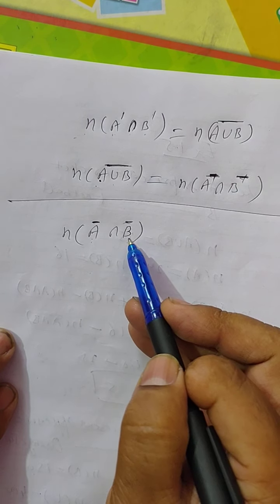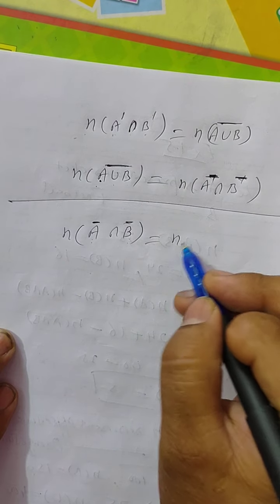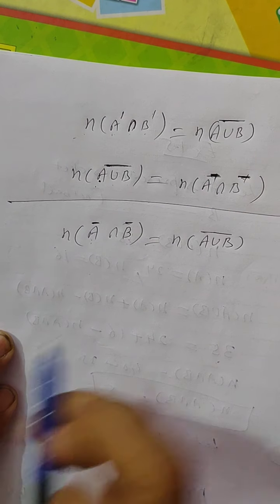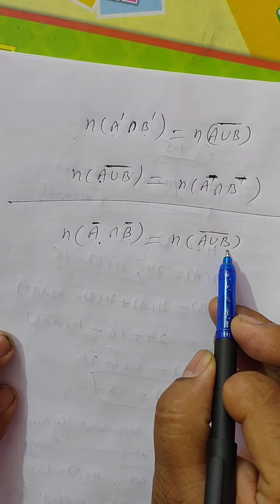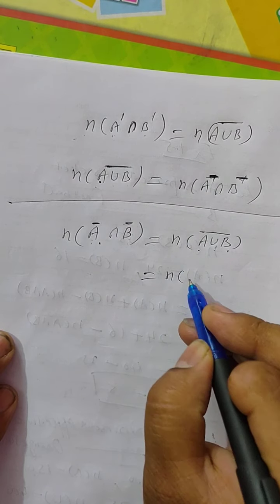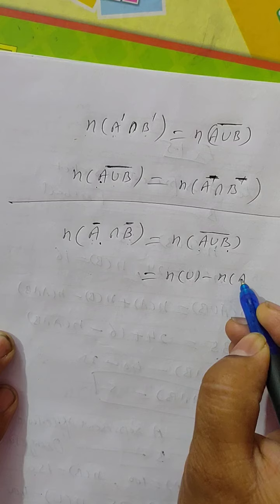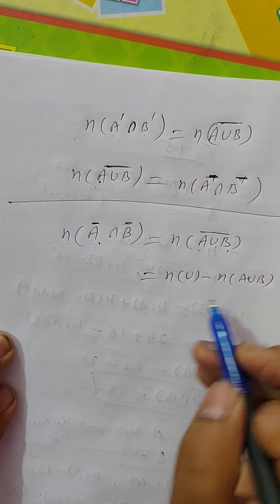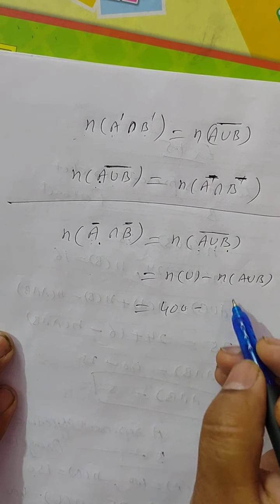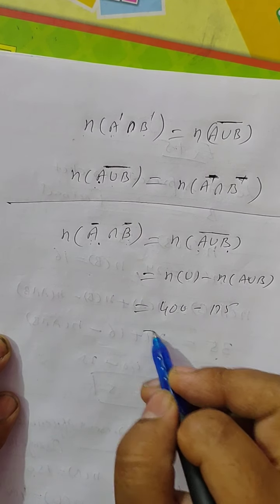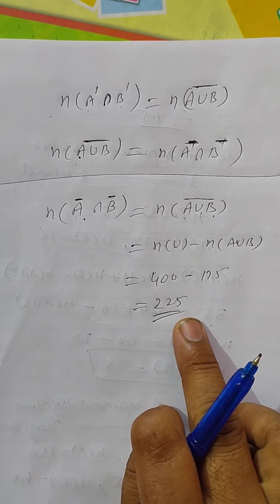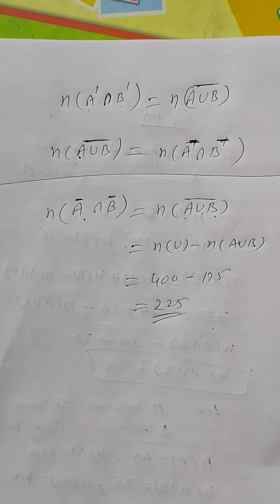So neither apple nor orange, and now this is A union B whole complement. और जिसका कॉम्प्लीमेंट निकालना होता है उसको U में से माइनस, n of U minus n of A union B. n of U was 400, n of A union B is 175. It is 225. So these are the students who are taking neither apple juice nor orange juice.